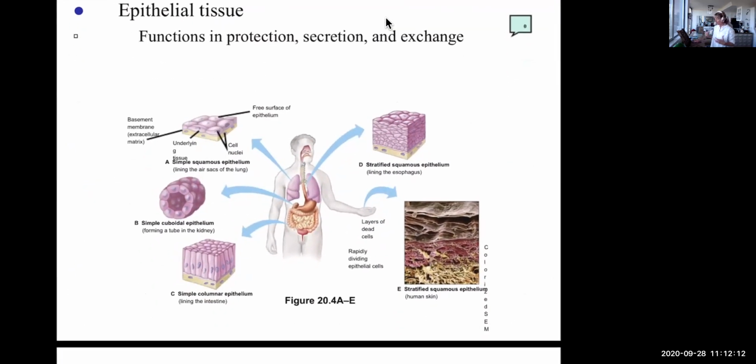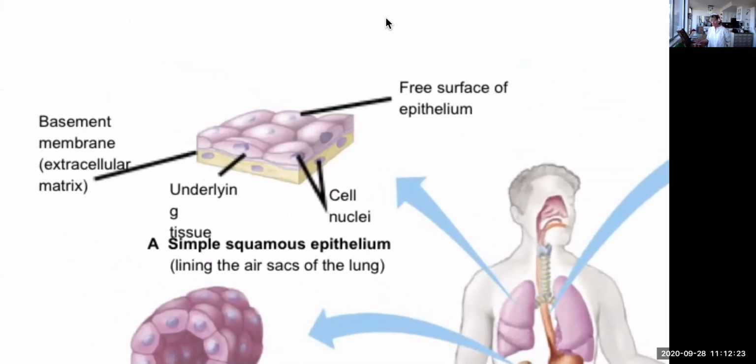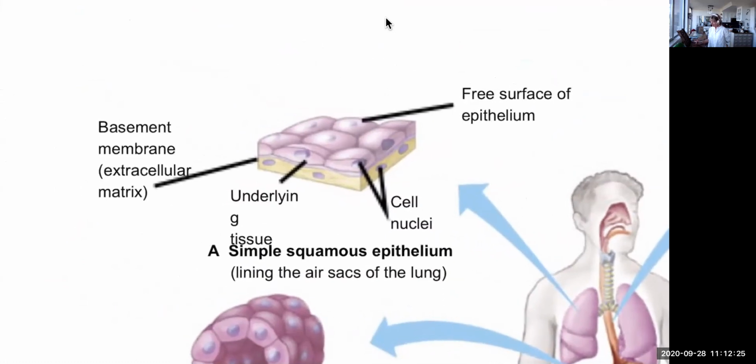So epithelial tissue, where do you find it in the body? The functions in particular are protection, secretion, and exchange. I'm going to make that a bit larger so you can see it better. Simple squamous epithelium, single layer, flattened cells.